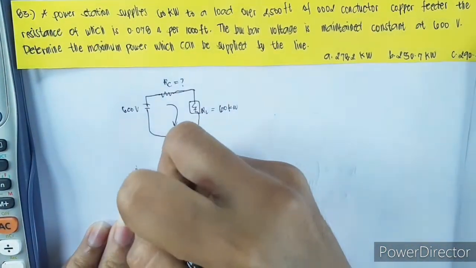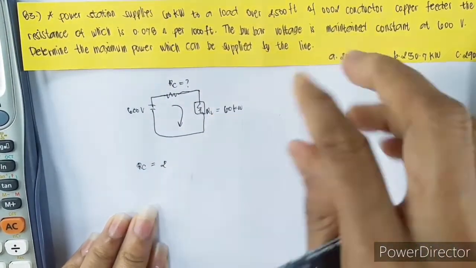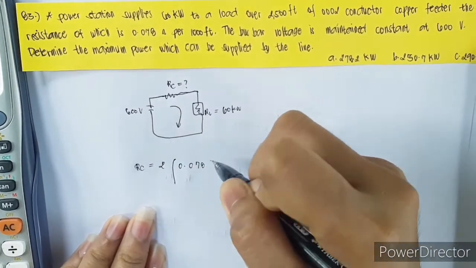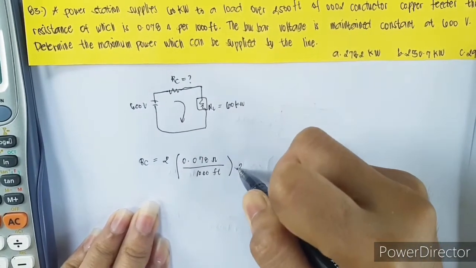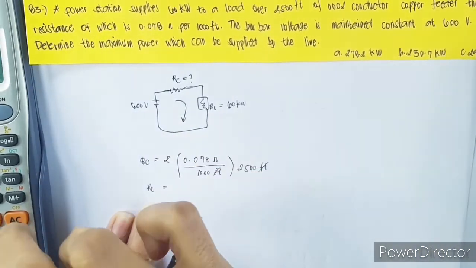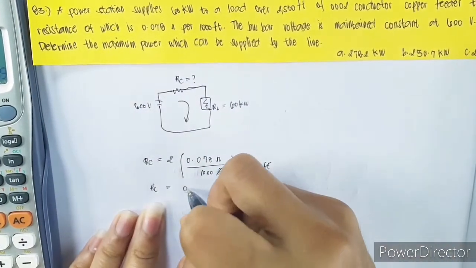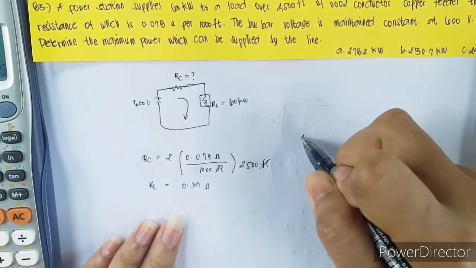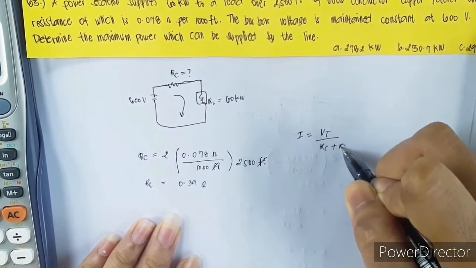So the formula in finding the internal resistance, we will put 2 here because we have 2 conductors based from the problem. 0.078 ohm over 1,000 feet multiplied to 2,500 feet. So we will get 0.39 ohms. And then after that, we'll find the current. So VT over RC plus RL.